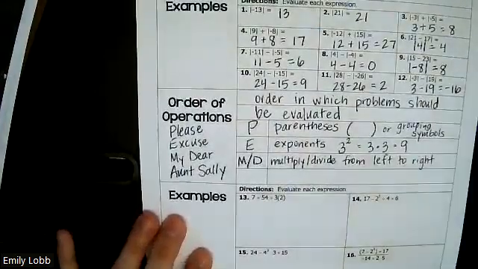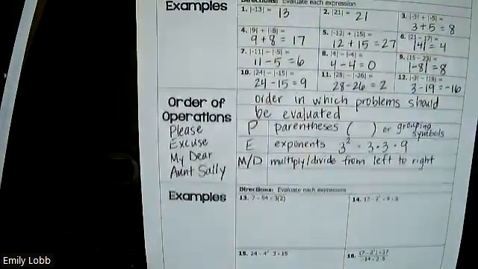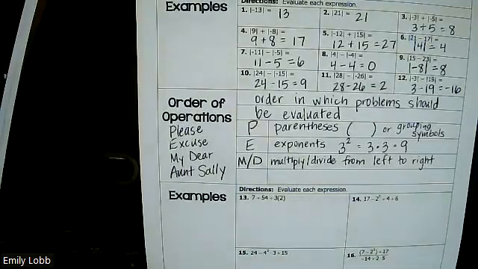So if I have division left of multiplication, I'm going to do division first. Just because I say multiply and divide in that order, I got to see what comes first from left to right. So multiply and or divide from left to right.